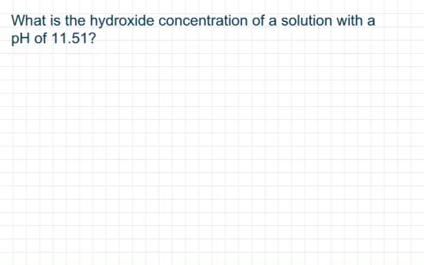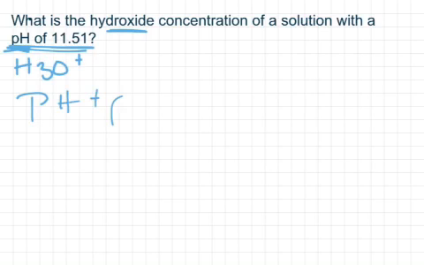Similar question, but different. If the pH is 11.51, what is the hydroxide concentration? Remember, pH gives us information about hydronium, not directly about hydroxide, but we can get there with this information. This one gave us pH, but we need to turn it into concentration. First, I'm going to remember pH plus pOH is 14.